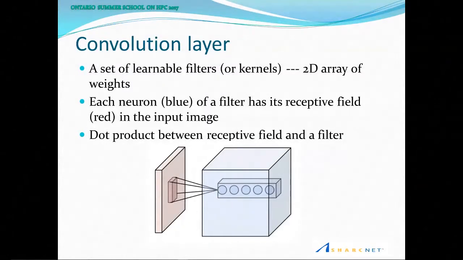The convolution layer is a very powerful tool in deep learning. You have probably heard of this quite often. It's very useful in image recognition. Basically, you define a kernel, which is a small patch of image. It's a 2D array, actually, much smaller compared to the original image. It could be 5 by 5 or 10 by 10 or something like that.